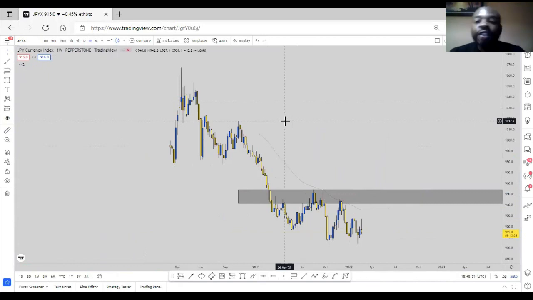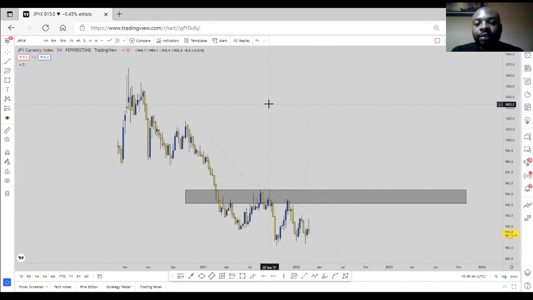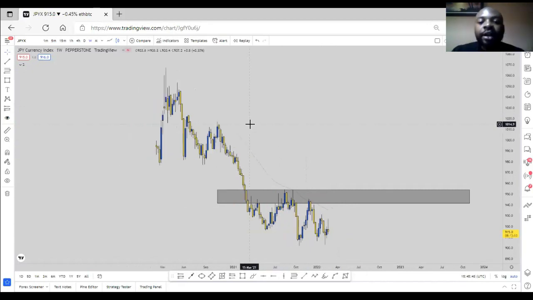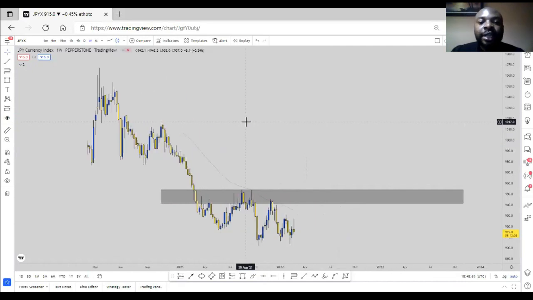So if you're on the monthly chart and you don't have enough data to work with, you can scale down to a lower time frame to check what is actually going on. You want to check for more data, more information, to see how you can take advantage of that data.